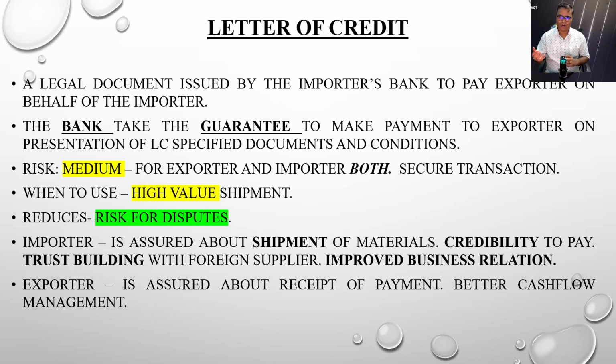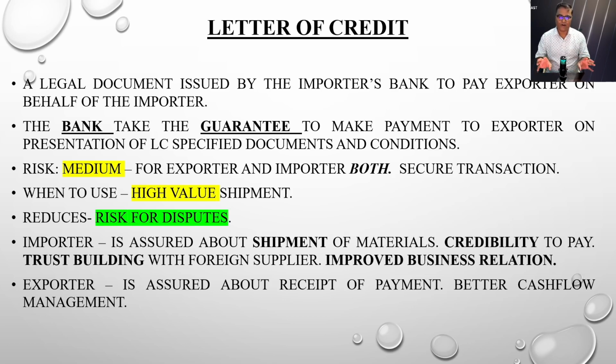So what do buyers do? The buyer gives the payment to the bank, and the bank then opens the letter of credit. After that, the buyer's bank informs the seller's bank or the seller that this letter of credit is established by the buyer.